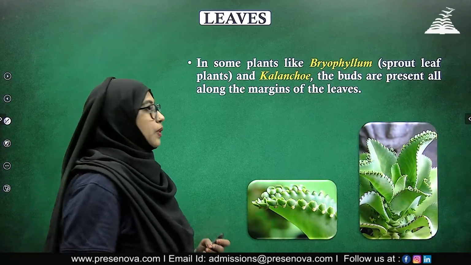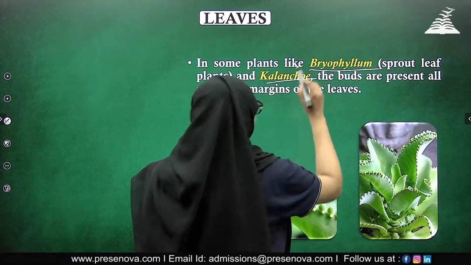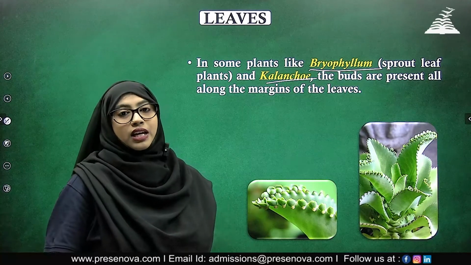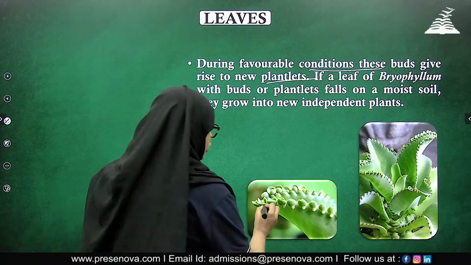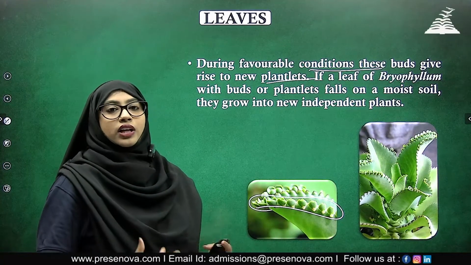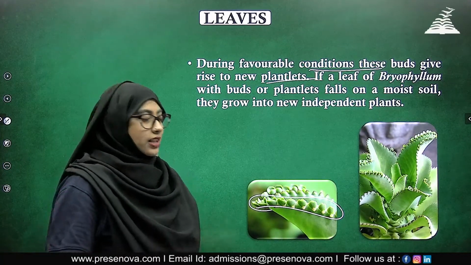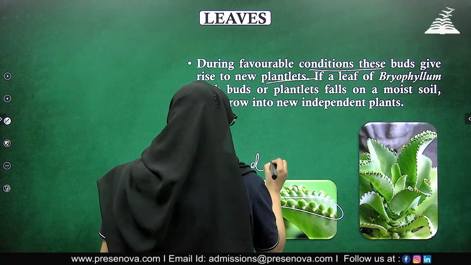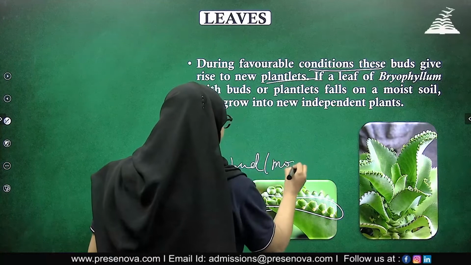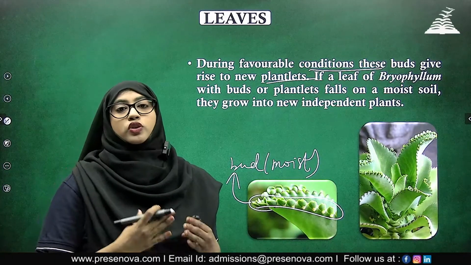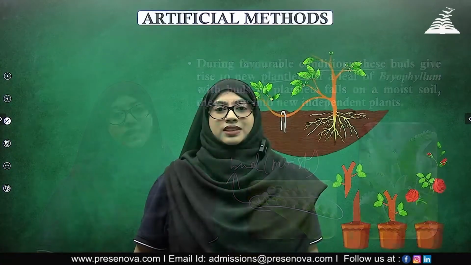Here in the example of bryophyllum and kalanchoe, the buds are present along the margins of the leaf. Here during favorable conditions, these buds on the margins of the leaf grow into a plantlet. And later in the bryophyllum, when the buds fall on the moist soil, they grow up into a new plant which is independent from the parent plant.